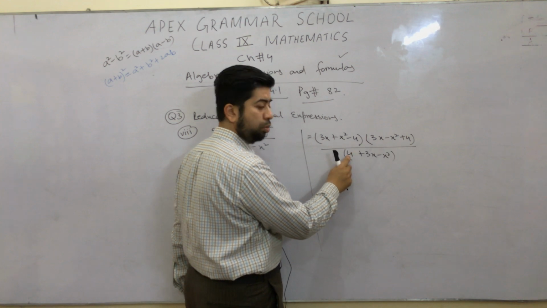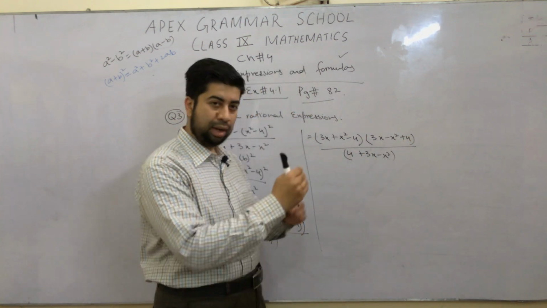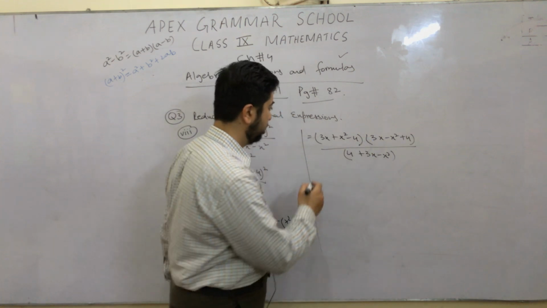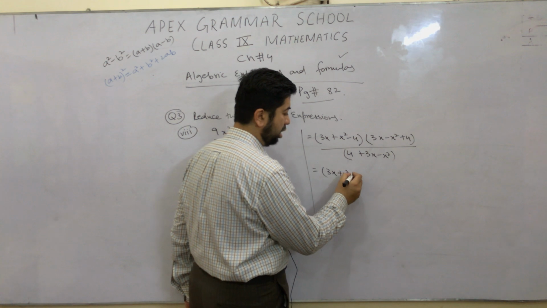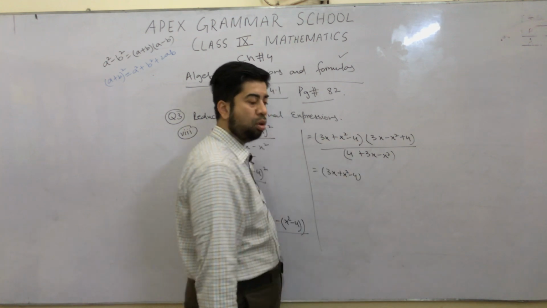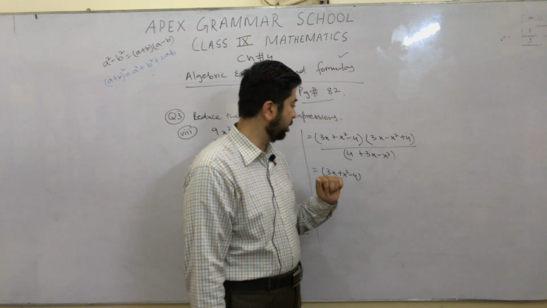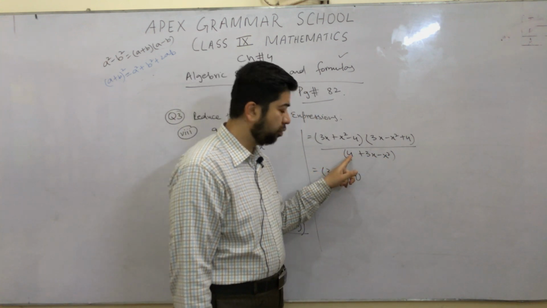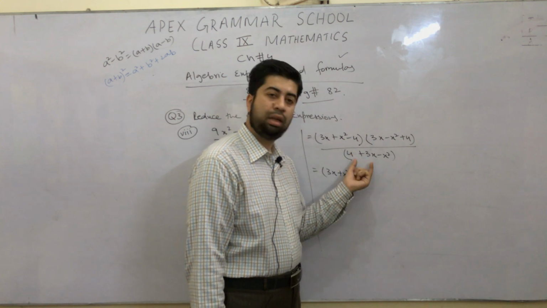The sign of 4 is positive here, and also positive here. So you can arrange it like the denominator. 3x plus x square minus 4 is not similar to this one, because the sign of x square is positive here and negative there, and the sign of 4 is positive here and negative there. So these are not similar.